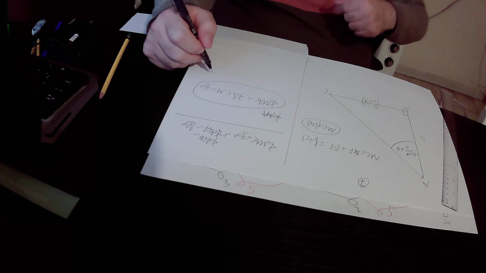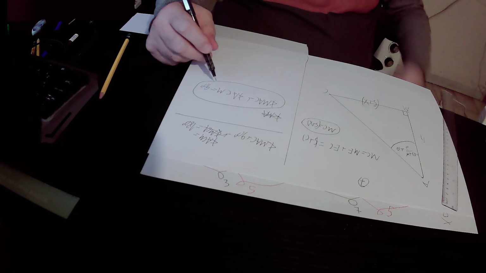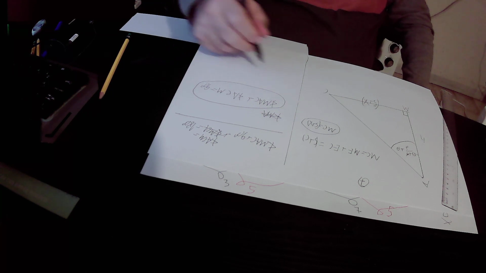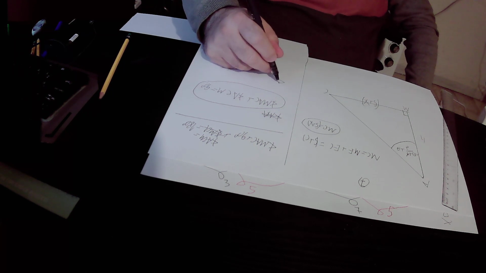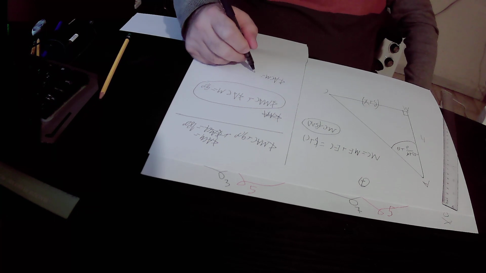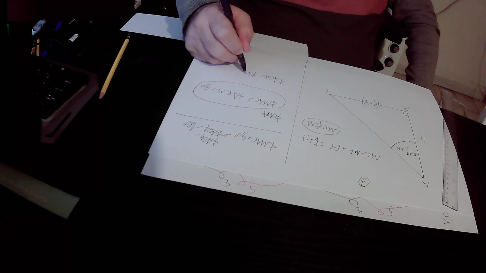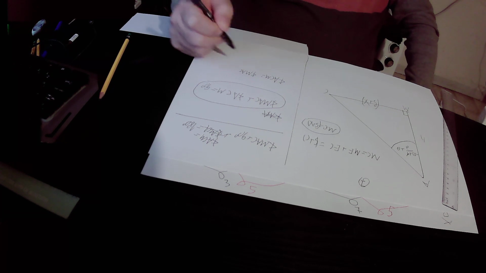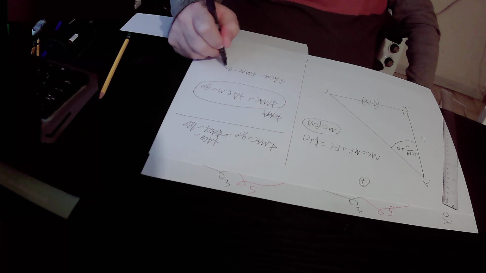So we will subtract angle MAC from this equation, and we will get that the angle that we are looking for, angle ACM, is equal to 90 degrees minus angle MAC.